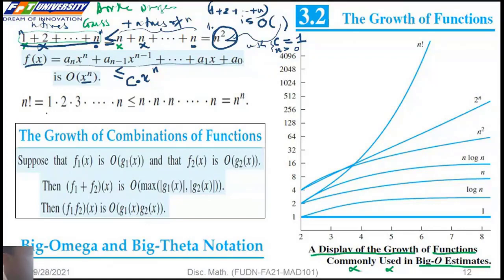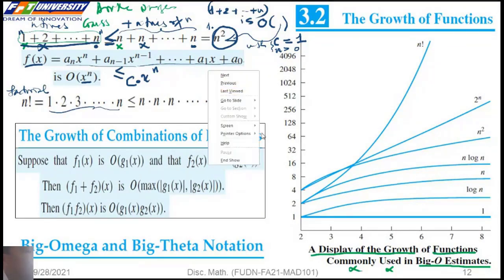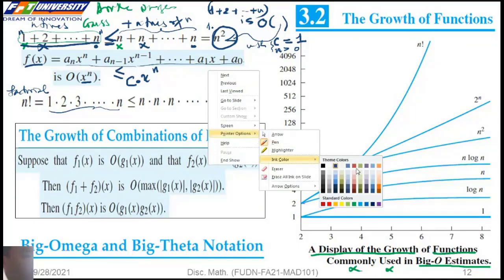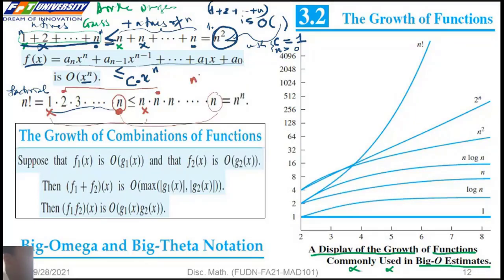For the next example, the factorial. In a similar way to the first one, we can see that n factorial is less than or equal to n to the power of n. So we can say n factorial is big O of n^n. We can take C is 1 for n greater than 1.